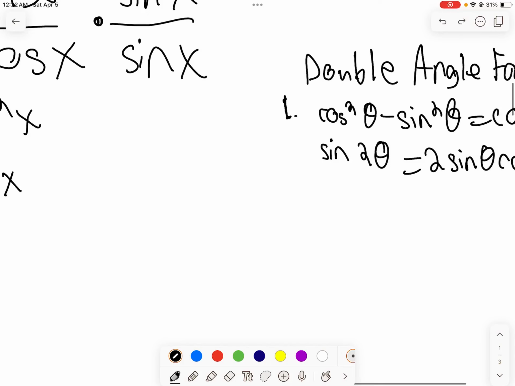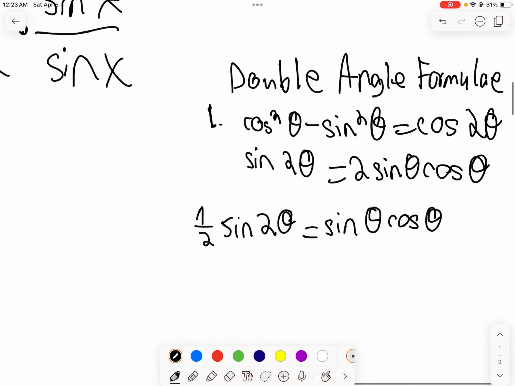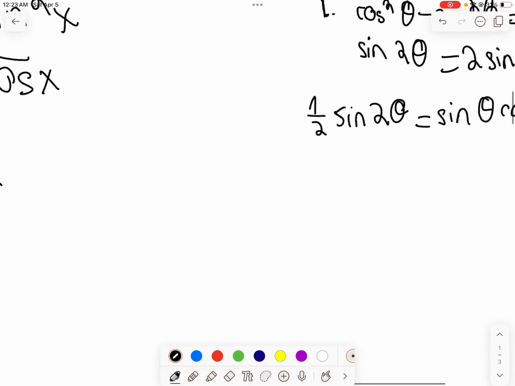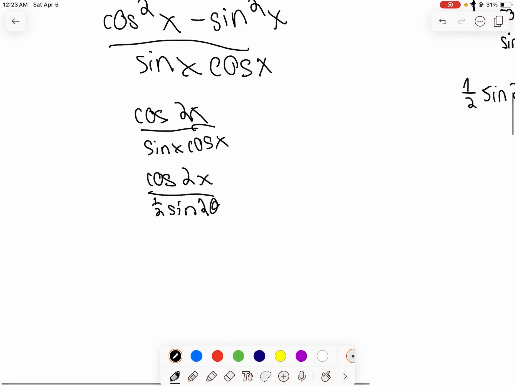If we divide by 2, we'll get 1/2 sine 2 theta equals sine theta cosine theta. And then we could plug it back into our denominator that way. Since a 1/2 is on the bottom, we get to flip it and multiply. So I'll get us 2 cosine 2x. I used thetas again.